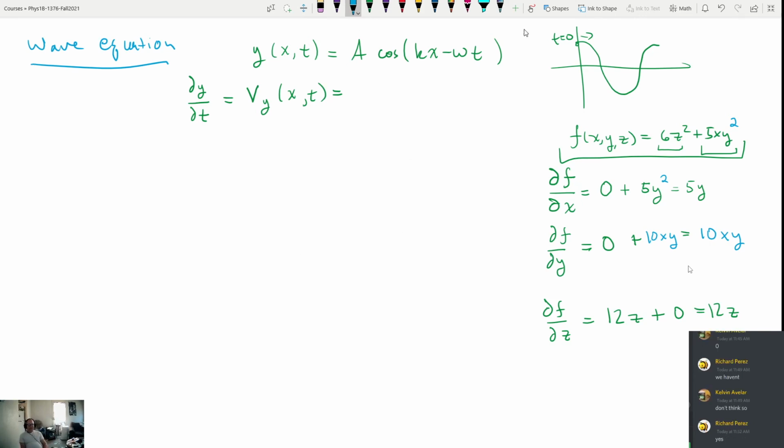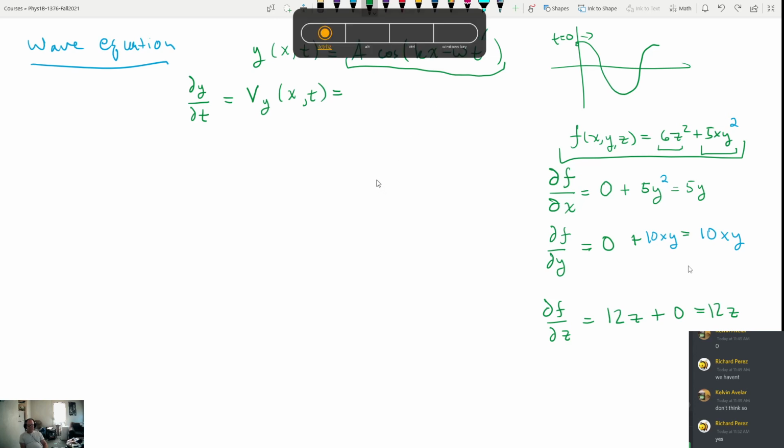So, when I look at this function here, if I want to take the partial derivative with respect to t, that means I treat the k, the x, the a, and the omega all as if they're constants, right? So think about it for a second. What would the derivative of this be if the only variable you consider is the t? We're going to need to do a chain rule.